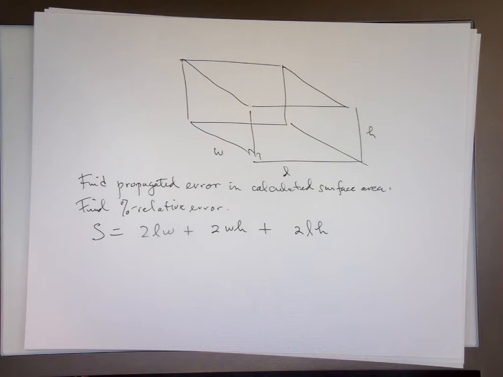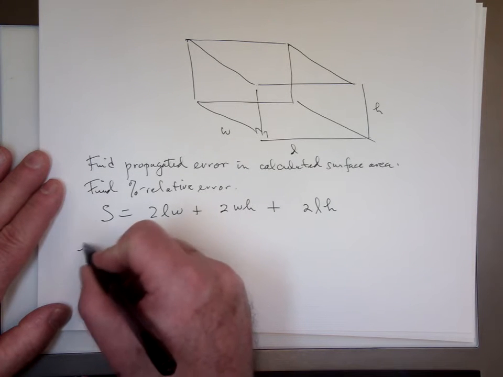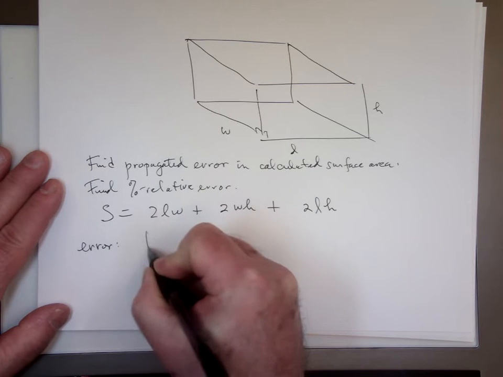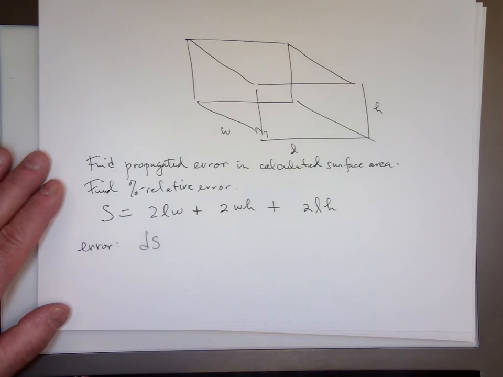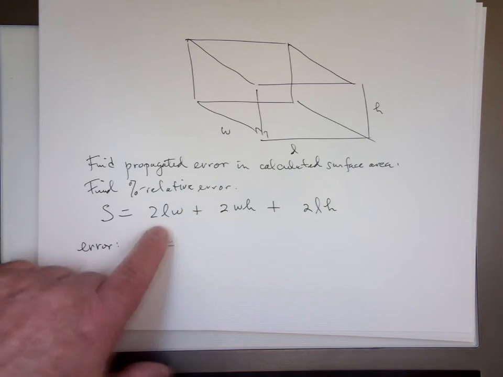Well, each of those measurements, the length, the width, and the height, have error. Okay? A 1% error. Here's what we're going to do. We're going to find the error and approximate it with the total differential of S. Now, we have S as a function of 3 variables.